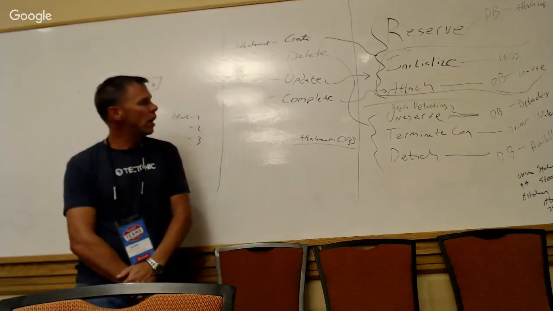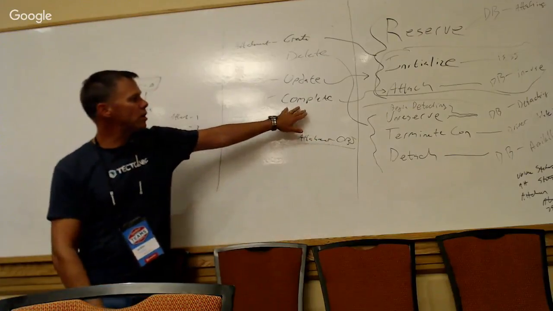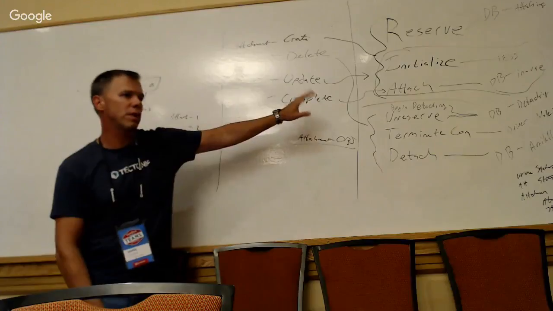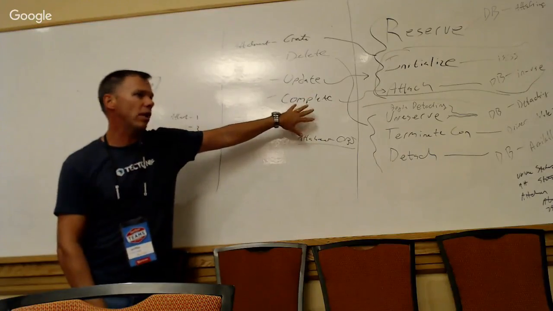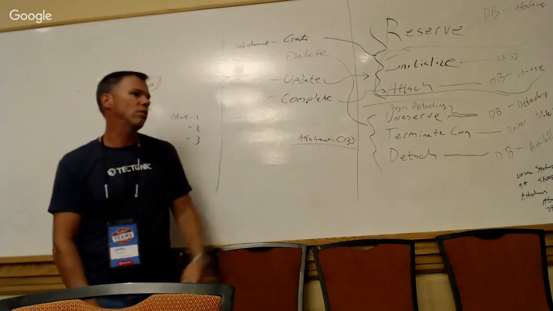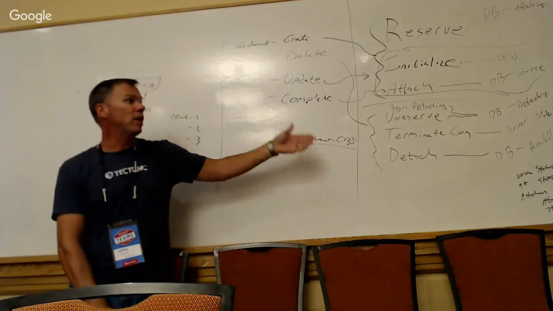I'm not sure I understand the case you're describing. Since it's complete, the only thing it's doing is updating the volume status. You do have indirect feedback because you can do a volume show and see that the volume status has changed to in-use.